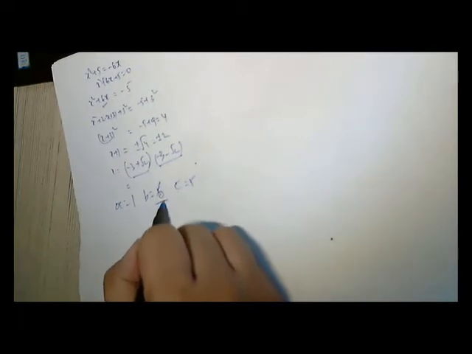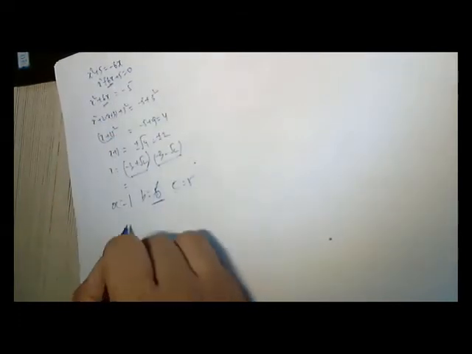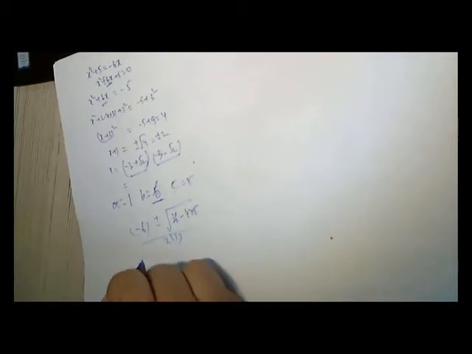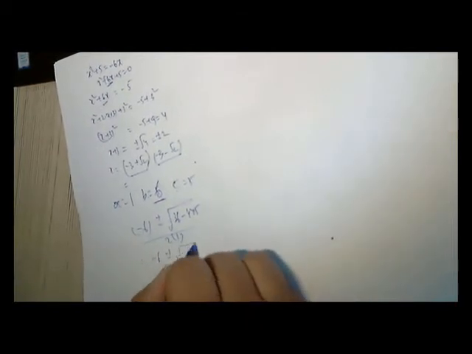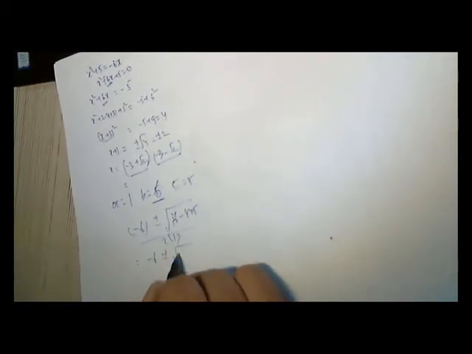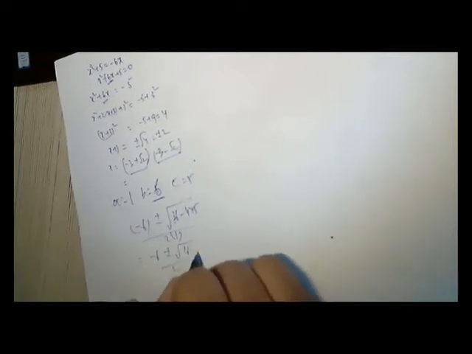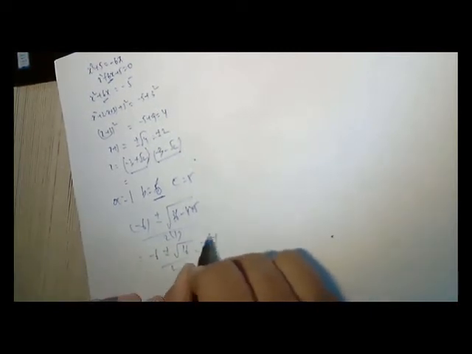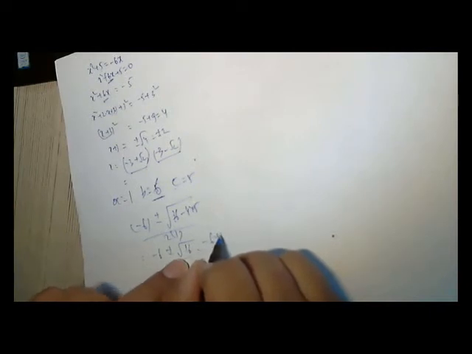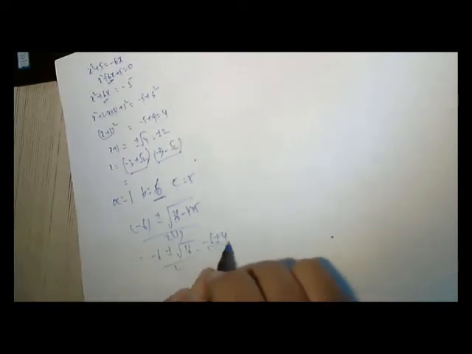So now it's minus b plus or minus square root of b square minus 4 into 5, by 2 into 1. So that is equal to minus 6 plus or minus square root of 36 minus 20, which is 16, by 2. That is minus 6 plus or minus 4, root of 16 is 4, by 2.